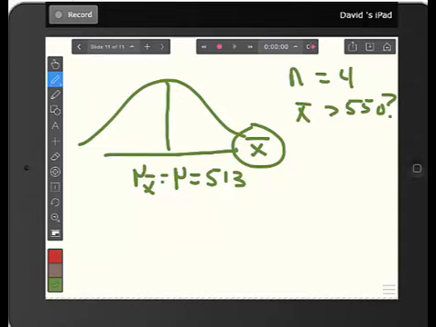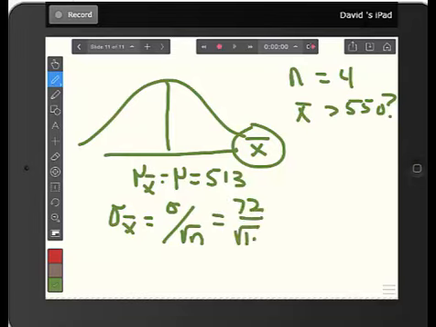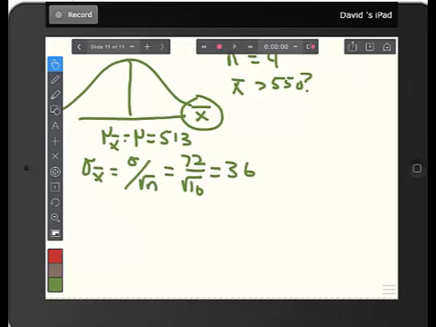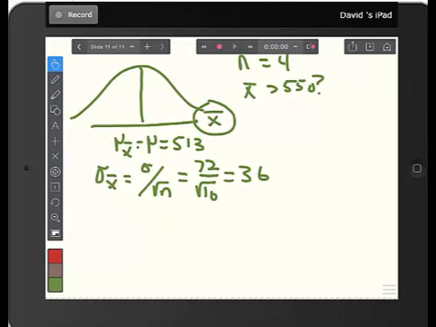So we have this mean of the sampling distribution is 513, but the standard error is equal to the population standard deviation divided by the square root of n. And our standard deviation was 72 divided by the square root of 16, and that comes out to be 18. Now from here, the problem works pretty much like the other problems.